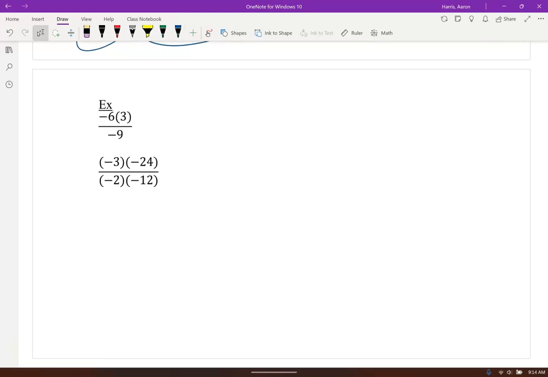All right, let's get into some more here. -6 times 3, you want to go ahead and multiply the numerators first. And then a negative divided by a negative is going to give you a positive, right? Let's go -24 over -12.